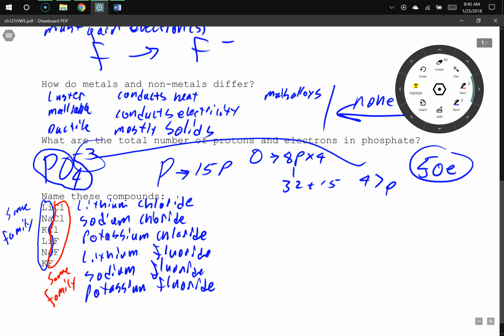So they have similar chemical reactivity, meaning I can swap any halogen out in that spot right there, and this would be the same formula. This lithium plus whatever halogen. And I could do the opposite. I can leave the chlorine here, and I can put any one of the group 1 metals in here and have the same 1-to-1 ratio, because they're all trying to do the same thing. And I know that because their chemical reactivity is the same.